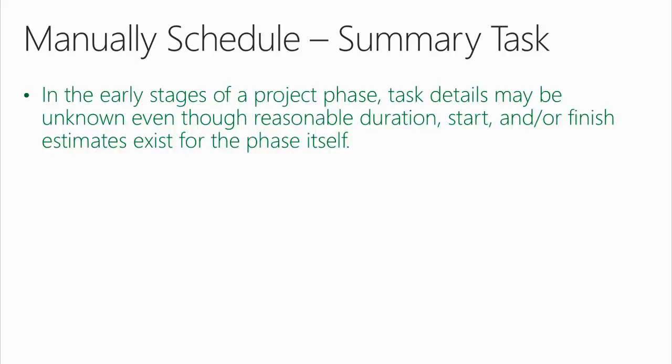Now, Terry, let's go back up to that summary task where we would think about top-down planning. In the early stages of a project phase, task details may be unknown, even though reasonable duration, start, and or finish values exist for the phase itself.